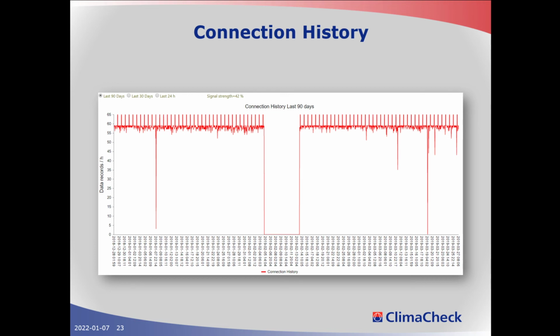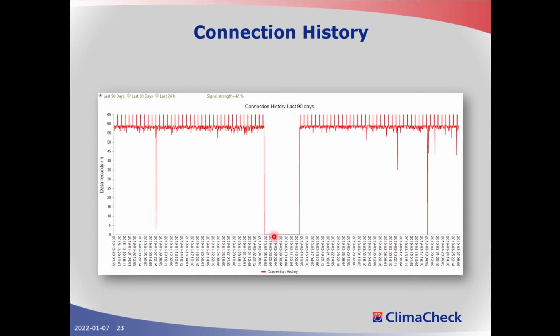Just shortly, there is also a connection view. As I said, you're measuring and you're sending the data to our server. So in this view here, which we call connection history, you can see that you are getting data all the time. As I said, the default setting is 1 data point per minute. So if you get all the data, it should look something like this with 60 data points per hour. Here you can see that you had a drop, you had some problems.